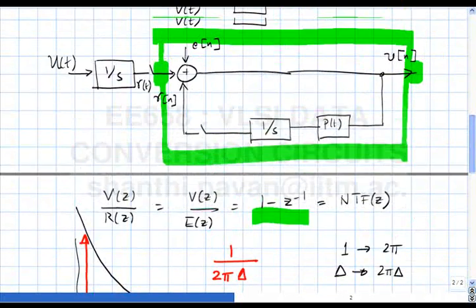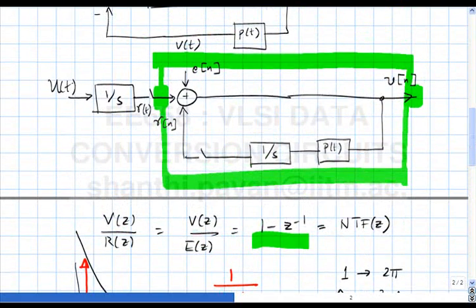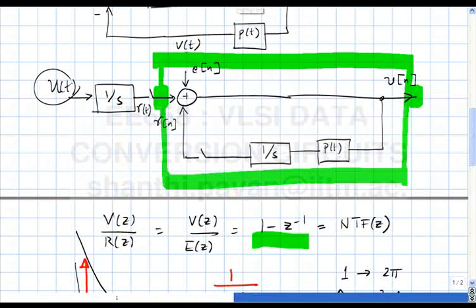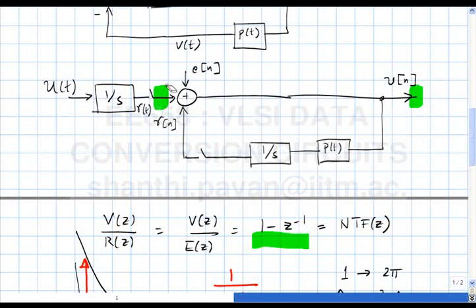Okay, what have we done so far? We have put in a sinusoid at angular frequency 2 pi delta, or in hertz, delta hertz. We have traced what happens to the sinusoid up to this point, and then to here.